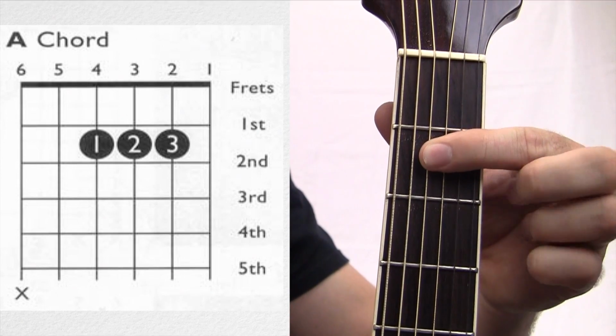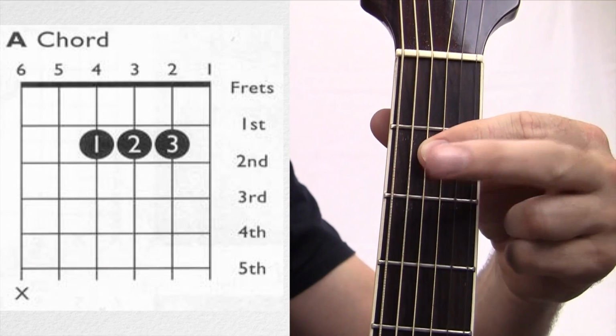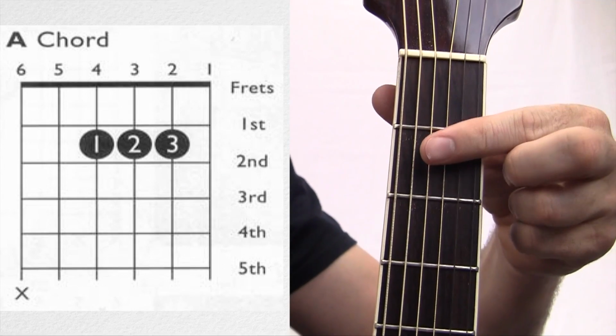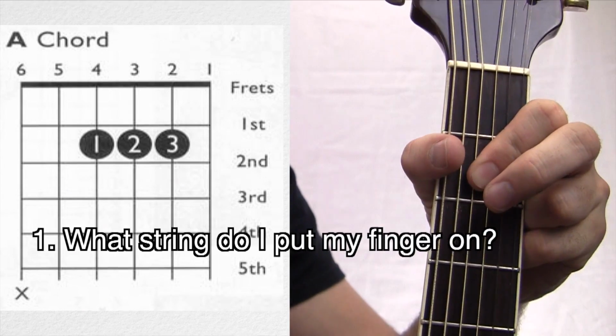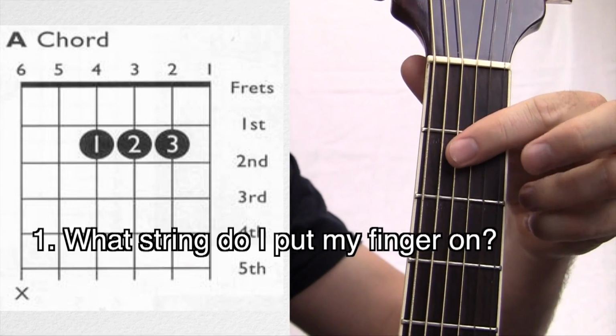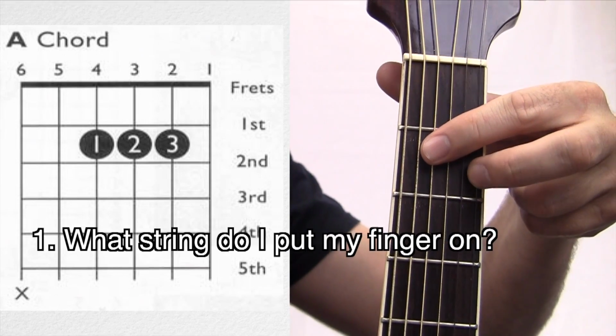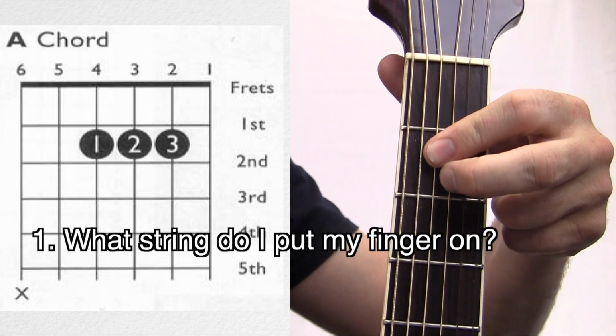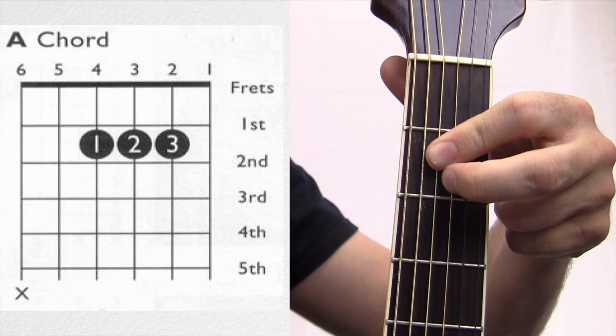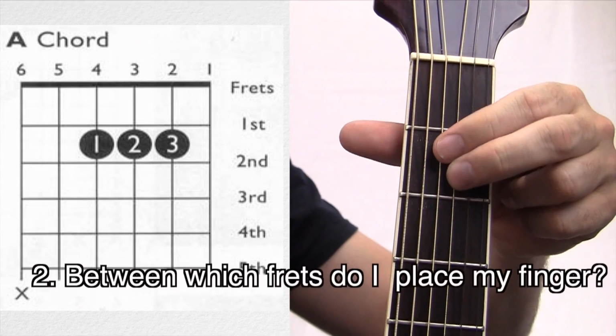Okay, and the next thing we do, we take our second finger, which is our root finger or the middle finger, and we count up. We can see the big black dot number 2 is on the third string. So we get our second finger, we count up from the first string, 1, 2, 3, and you also see that the second dot is also between the first and second frets.